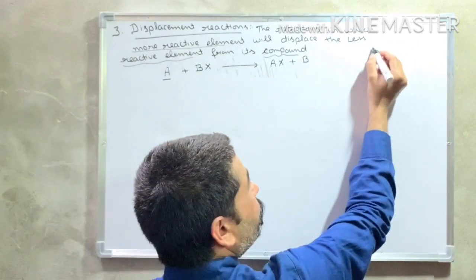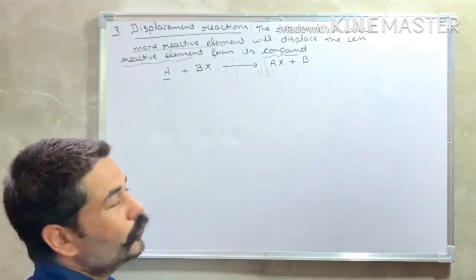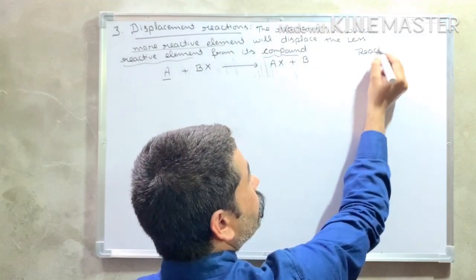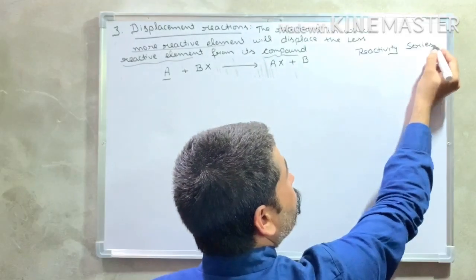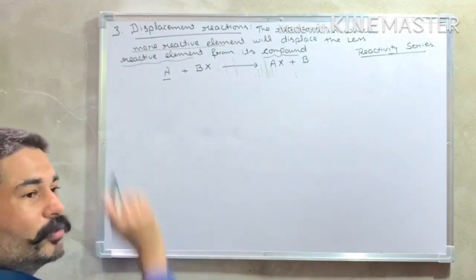For that you might know the reactivity series, which tells which element is more reactive than the other. This series you have to learn, and then only you will know which is the more reactive element.